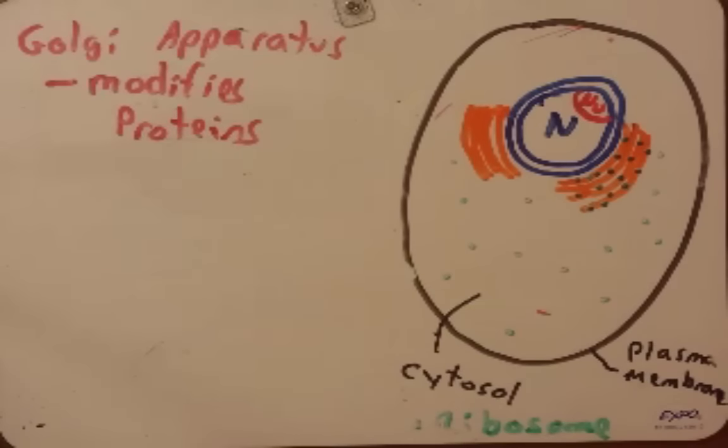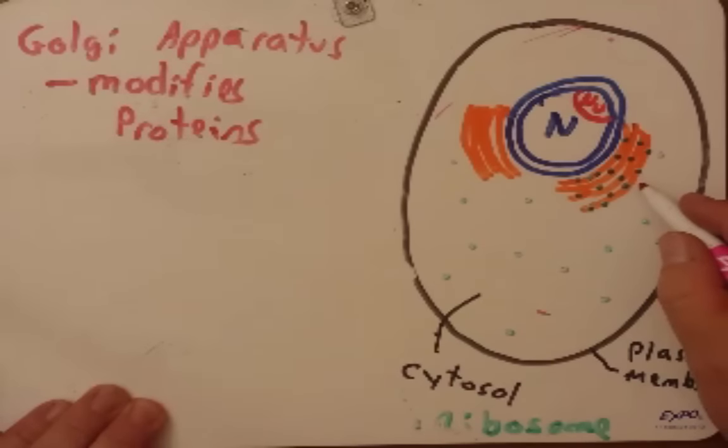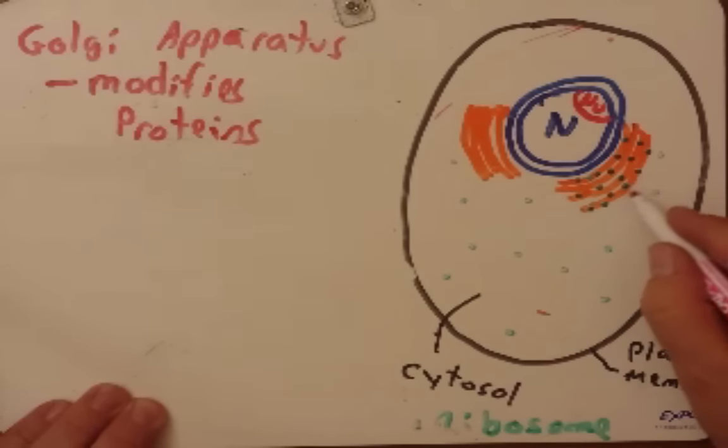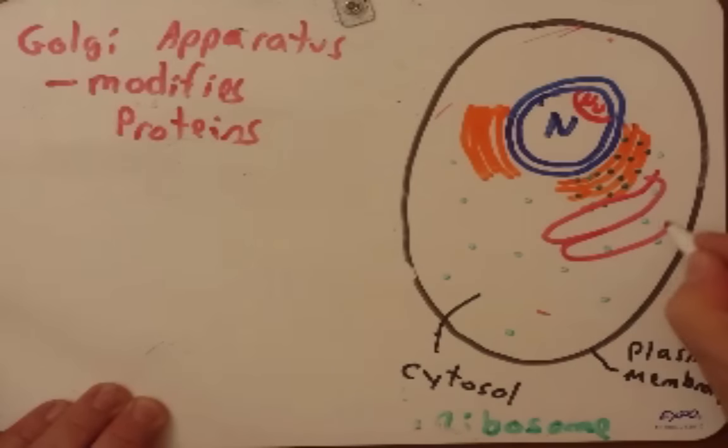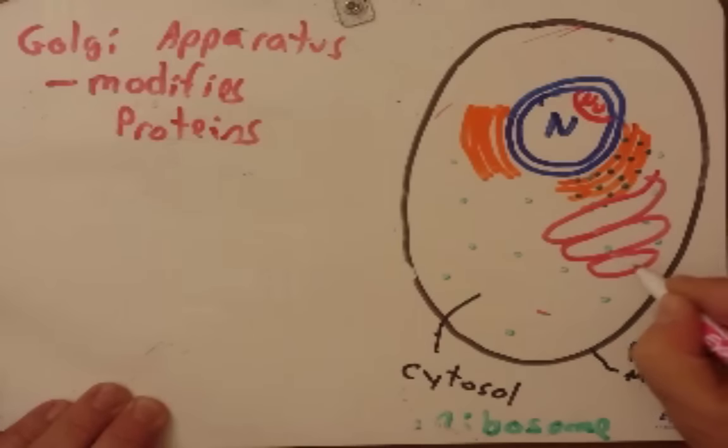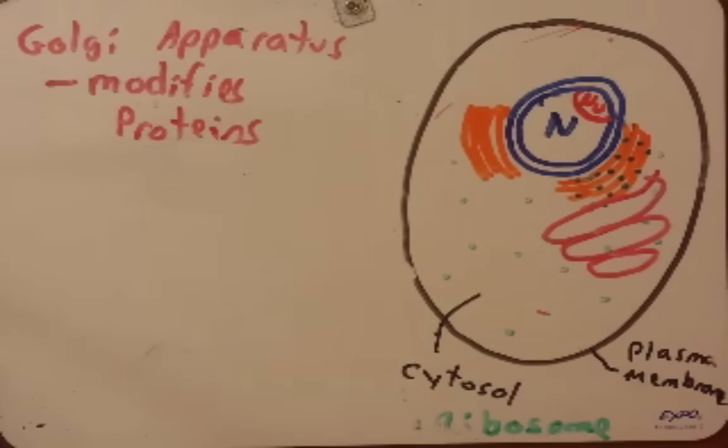It can add various kinds of sugars to these proteins, and typically we're going to find these Golgi apparatuses localized close to the rough ER. Often the proteins that are made in the rough ER get shuttled into the Golgi, so they're often localized close to the ER, the rough ER.